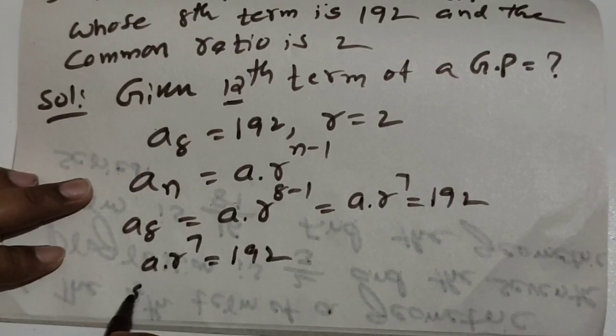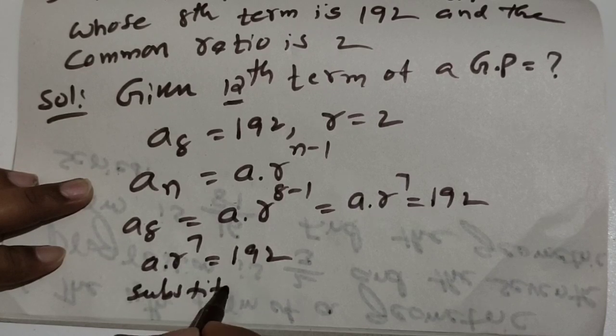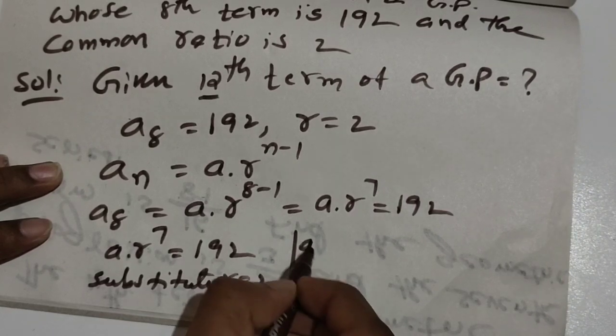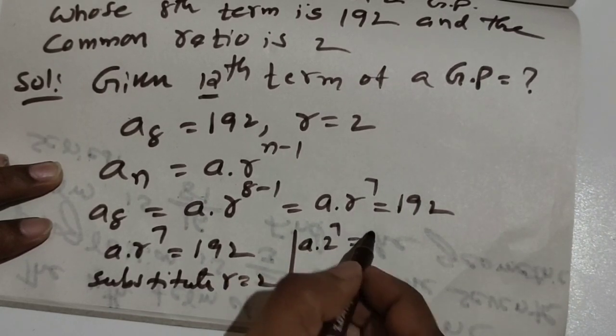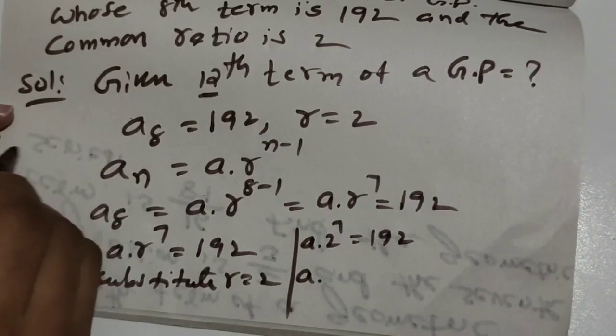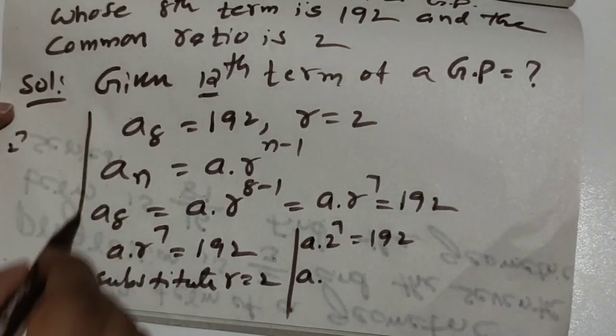Now substitute R is equal to 2. Then we get A into 2 to the power of 7 is equal to 192. A into 2 to the power of 7, what's the value?